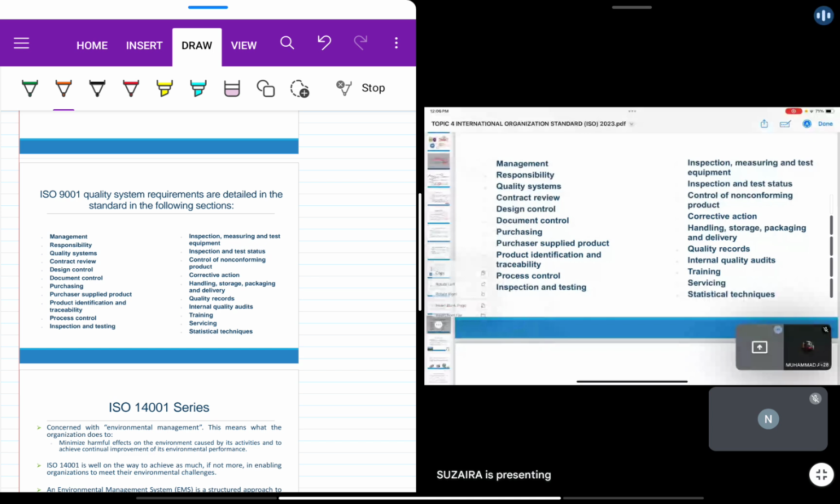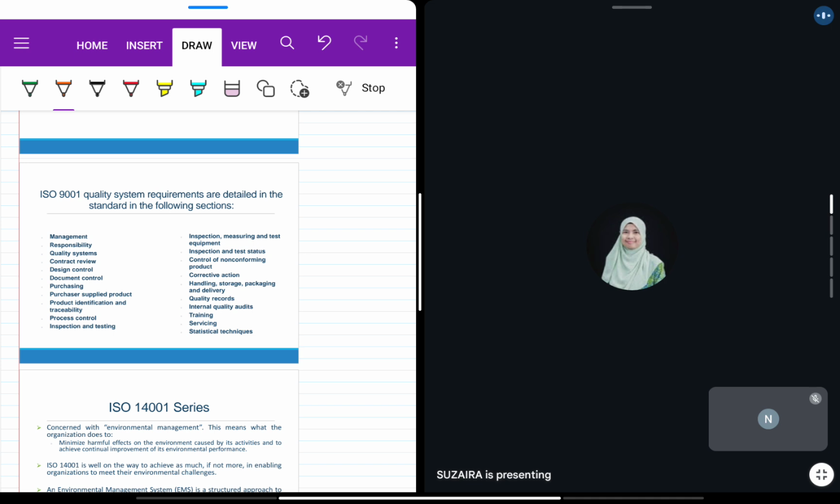So we already looked at the generic standard. Now we would like to look at the details of ISO 9001, the QMS standard.